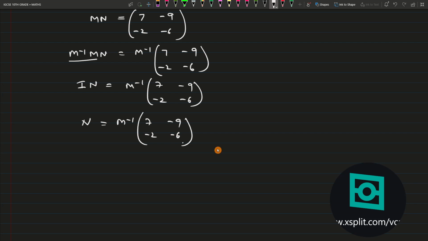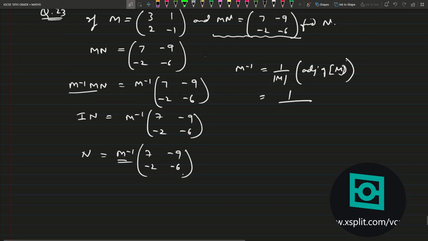Now I will have to find out this M inverse. So M inverse will be equal to 1 upon determinant of M times adjoint of the matrix M. Fine. So 1 upon, now what will be the determinant of M?